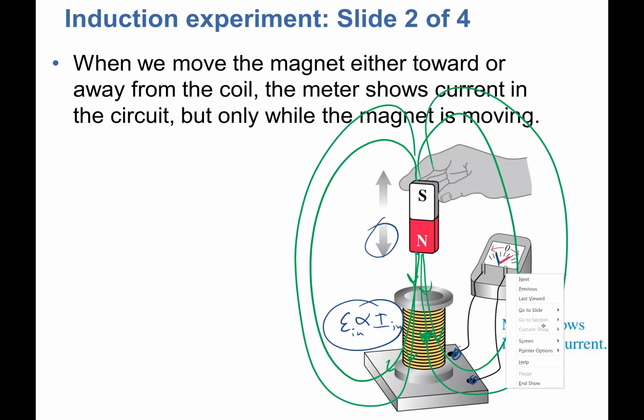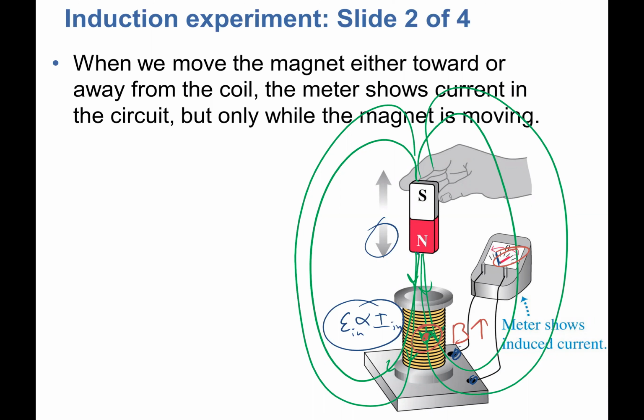If I'm looking at the magnetic field there, then as the magnet gets closer and closer, the magnetic field strength is increasing, because the closer the magnet gets to the coil, the stronger the magnetic field inside the coil, okay? Well, as soon as I have that, I get a current. There's an induced current. That means there's a current in the wire.